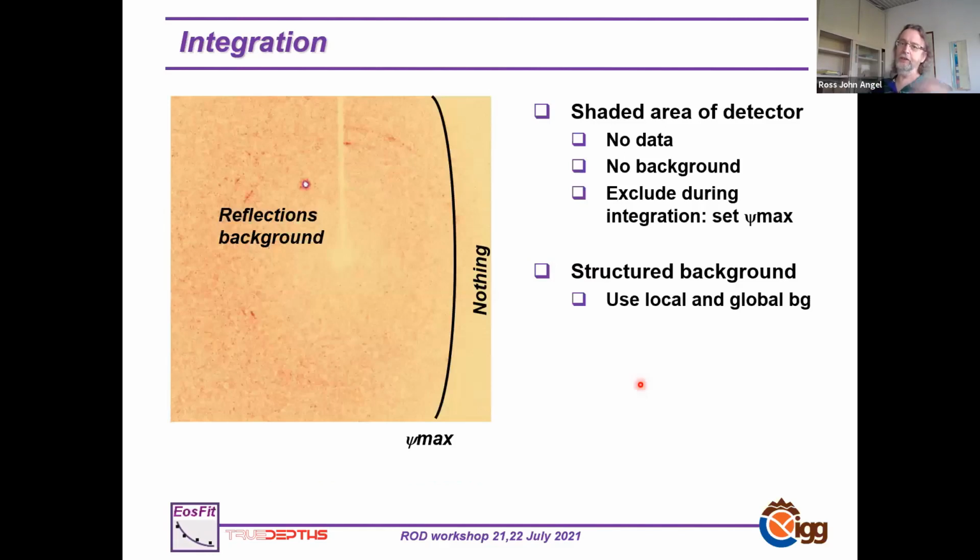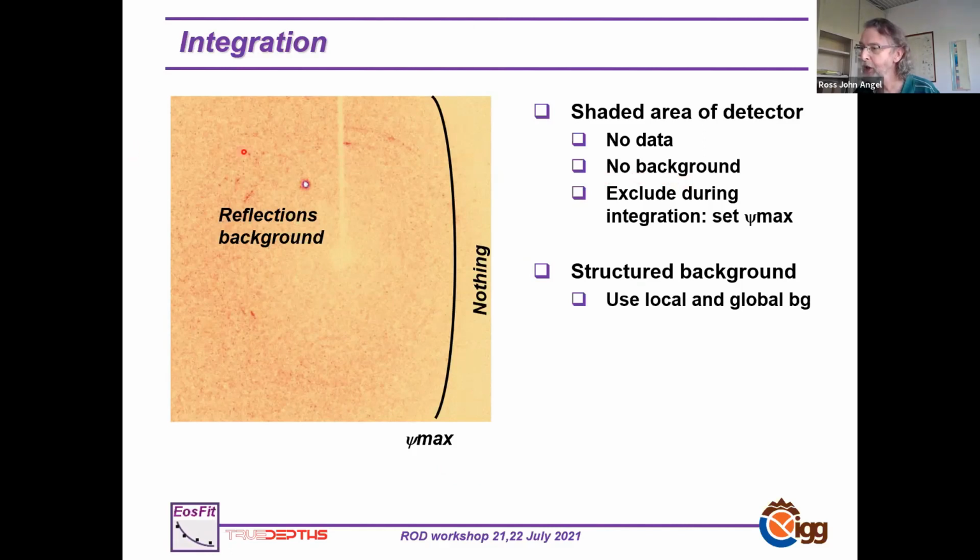Okay, so we've collected the data set, and we've got images like this, where we have an area with reflections and background, and we have shaded areas. It is important to set the psi max value, this line here, correctly for integration, not just because there is no data out here, but more importantly, because there is no background out here.